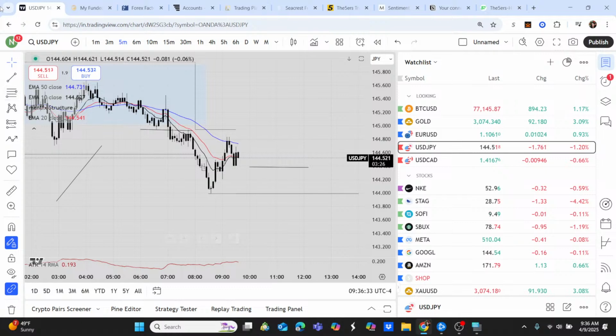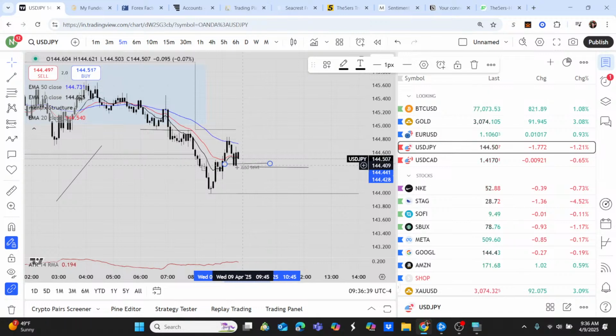Don't get me wrong, these setups can work well and do work. I've just been doing a lot of refinement.